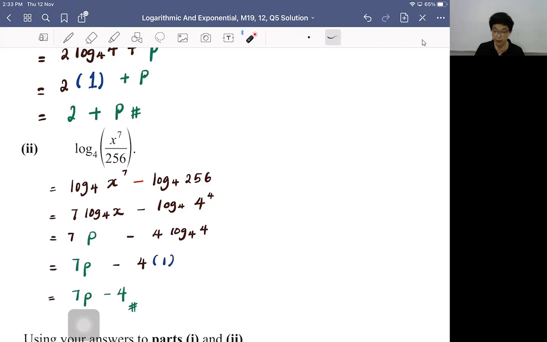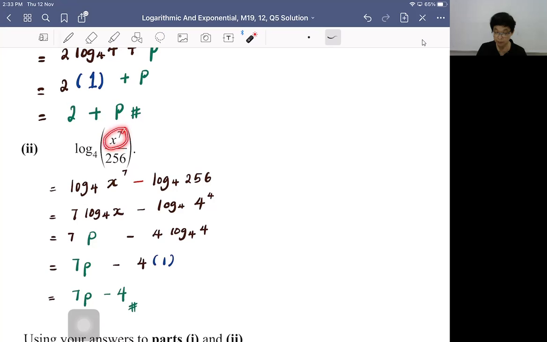From there, with that information in mind, we notice the dividing of these two terms, so we're going to use the quotient rule.